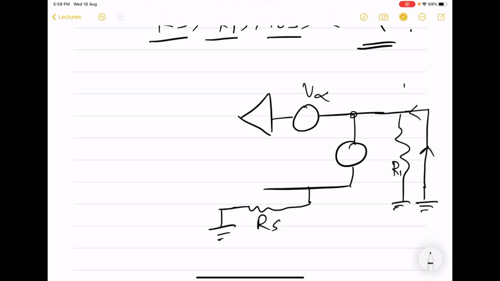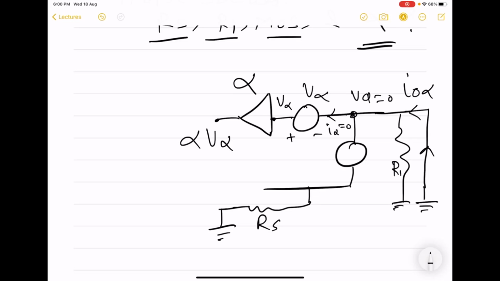Let us call this short circuited output current as IO alpha. So this VD is 0. So input to this alpha network is V alpha. So output is going to be alpha into V alpha, and current I alpha is going to be 0. So this entire IO alpha is going to be equal to GMVGS.